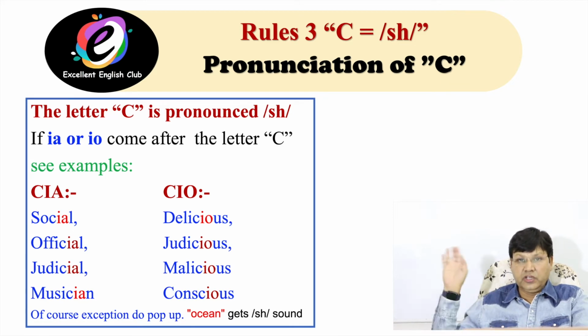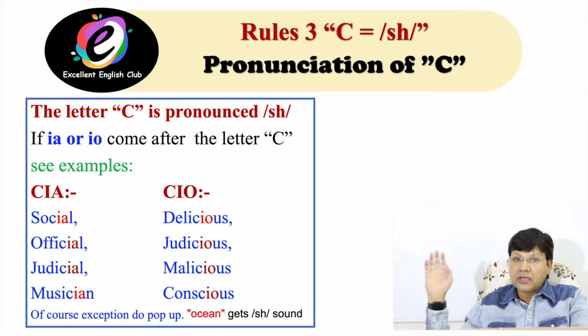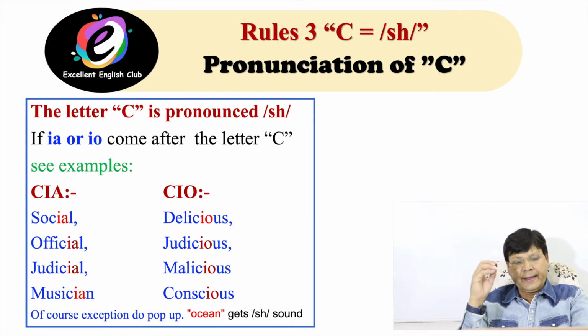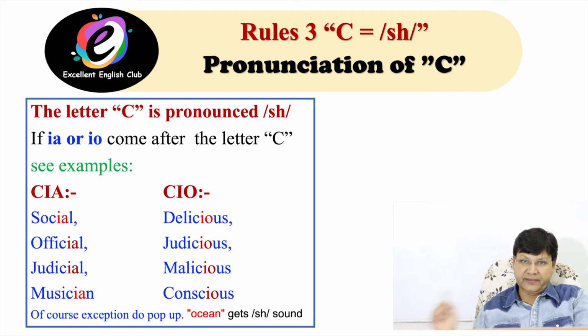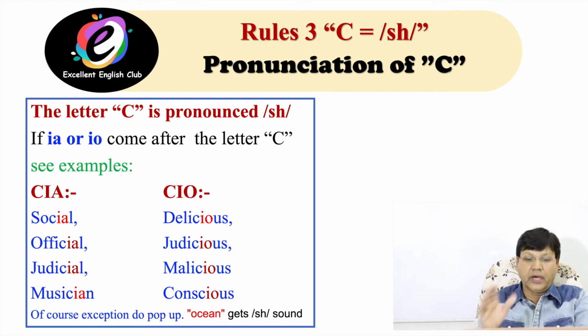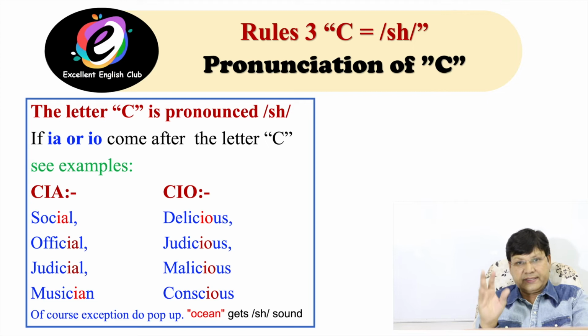CIO, delicious, judicious, malicious, conscious. But as I told you earlier, there are some exceptions in English. For example, the last line here, you will see that ocean, O-C-E-A-N, ocean, gets the sha sound. No IA and no IO is there. But still, it is pronounced sha, ocean. So this is an exception. In English, there are some rules, but there are some exceptions also.